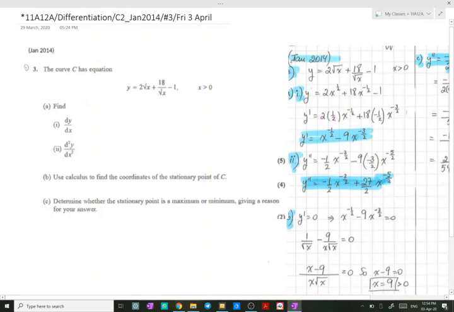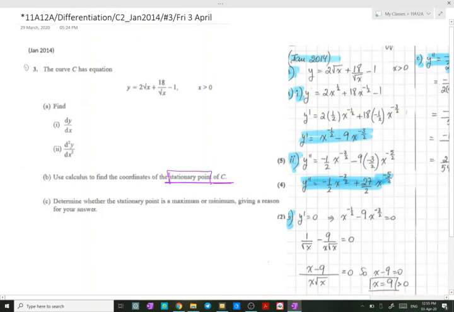Use calculus to find the coordinates of the stationary point. Stationary means it's the point where it's either the maximum or the minimum, where you have the gradient equals 0, therefore the derivative is equal to 0, and then you solve for x.